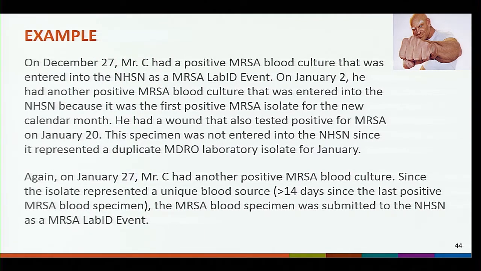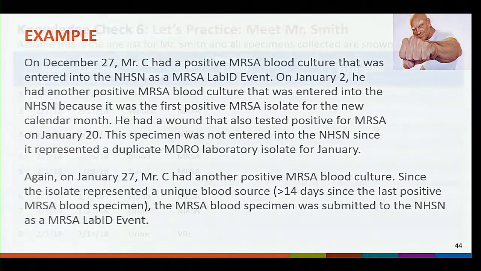The specimen was not entered into the NHSN since it represented a duplicate MDRO lab isolate for January. Again, on January 27th, Mr. C had another positive MRSA blood culture, and since this isolate represented a unique blood source, meaning it was more than 14 days since his last positive MRSA blood specimen, this MRSA blood specimen was submitted to the NHSN as an MRSA LabID event. That good?